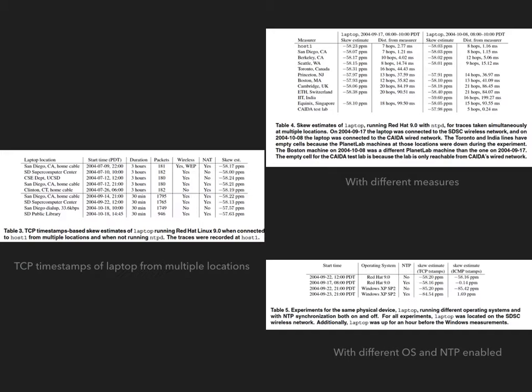As you can see in the last column, and then on the top right column, the clock skew is also the same, even though the measurer is different. Let's look at the second column, skew estimate.